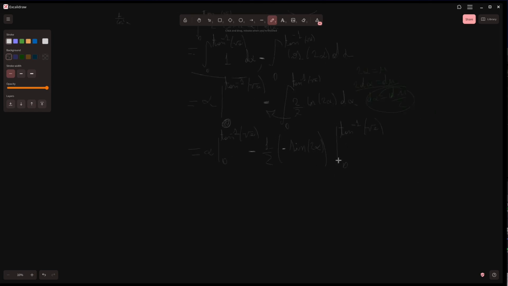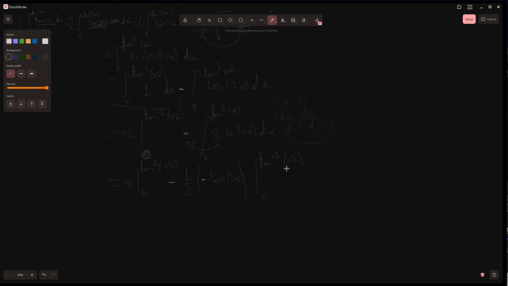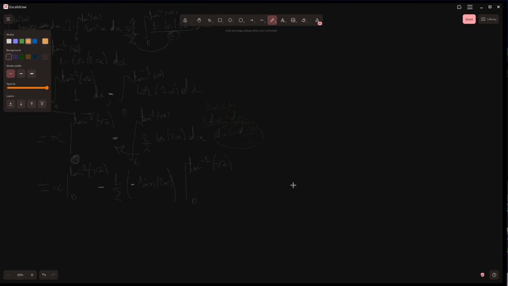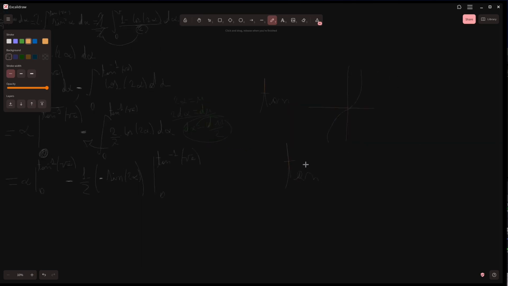So to get this limit, we need to know the graph of the tangent and the arctangent. If we know that the graph of the tangent is something like this, the graph of the arctangent should be something like this, but inverted.